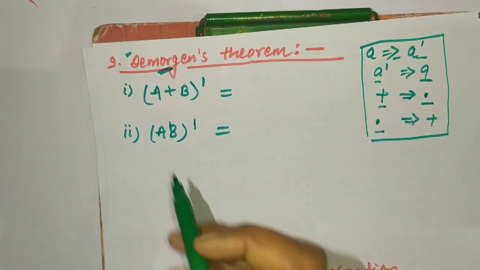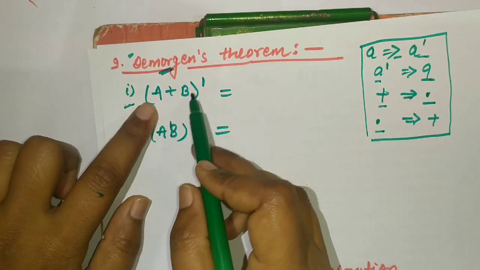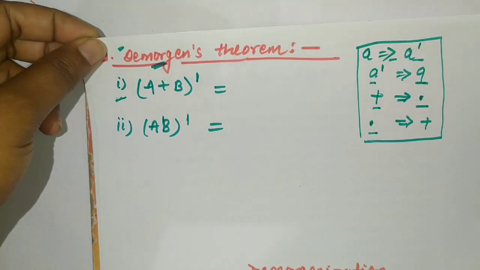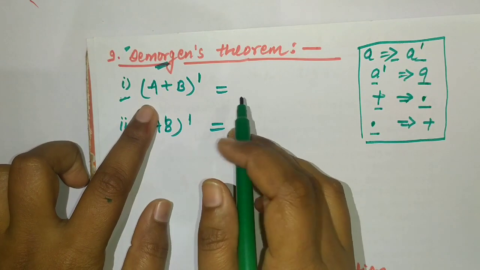So let's start with the first one: A plus B whole dash. What is the meaning of whole dash? Whole dash means we have to use De Morgan's theorem in this question.